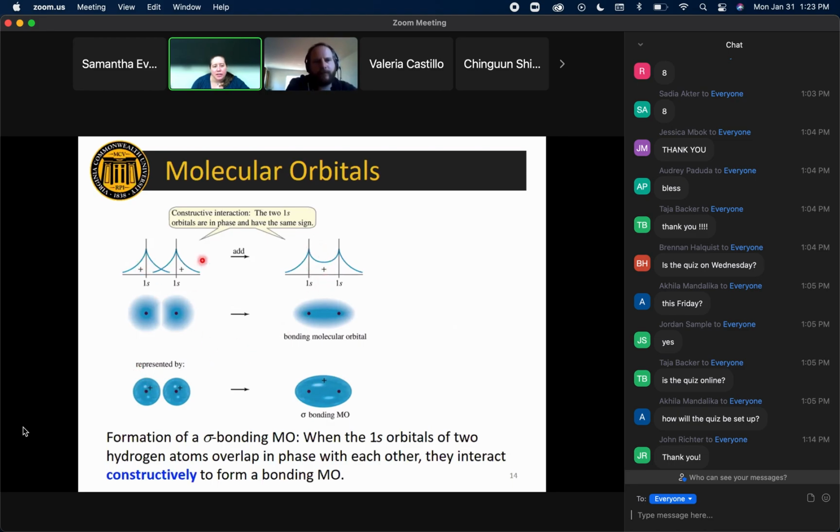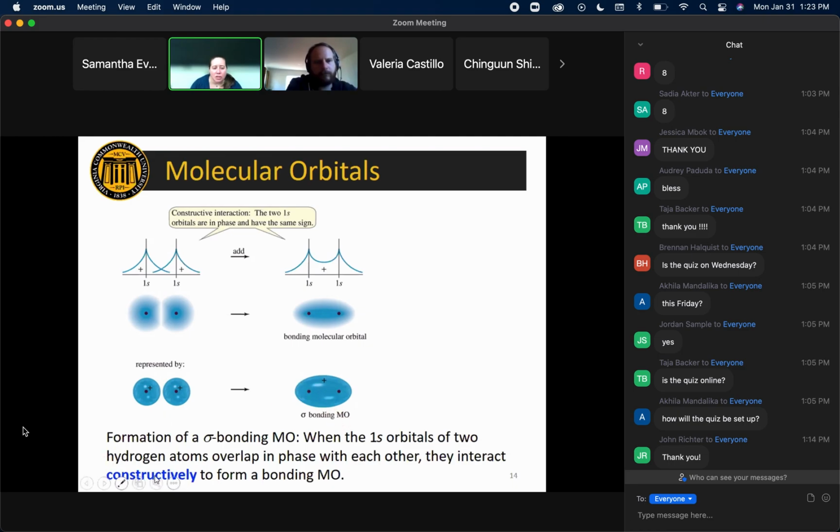This is represented up at the top here in a very mathematical, very graphical way. Most people, including myself, prefer the bottom way, which is more intuitive, where you're bringing these two electron clouds close together. If it's constructive interaction, if they're the same phase as each other, then they come together to give you a bonding orbital.